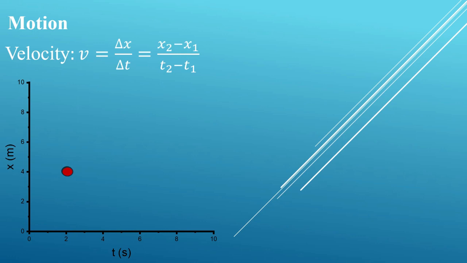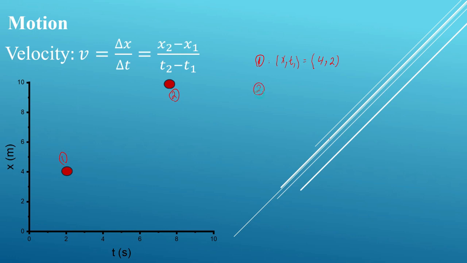Let's move the particle to a different position. The same thing we did, I'm going to label it as 1 and 2, right? So for the first position, it's going to be x1 and t1, which is 4 and 2, right?